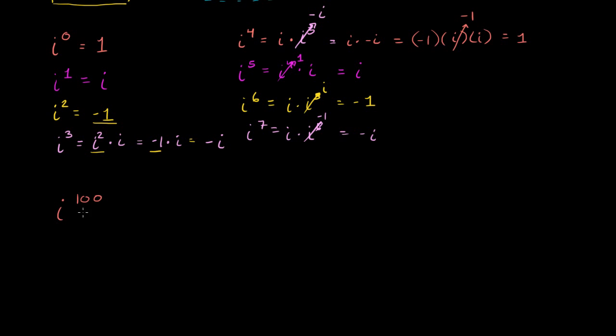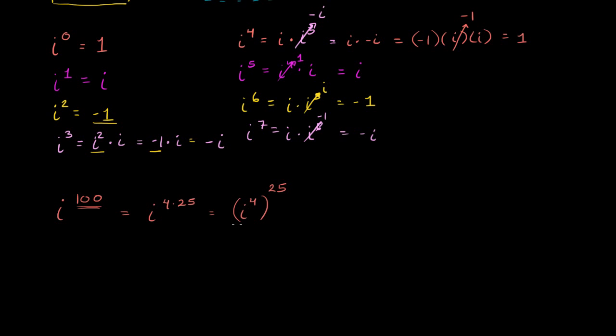And the realization here is that 100 is a multiple of 4. So you could say that this is the same thing as i to the 4 times 25th power. And this is the same thing, just from our exponent properties, as i to the 4th power raised to the 25th power. If you have something raised to an exponent and then that is raised to an exponent, that's the same thing as multiplying the two exponents.